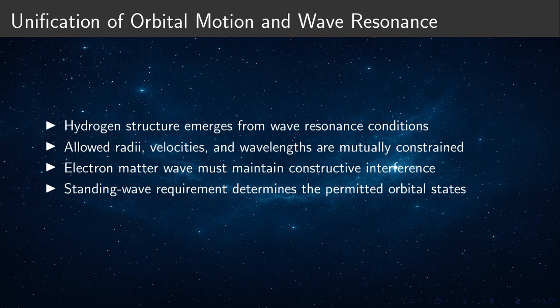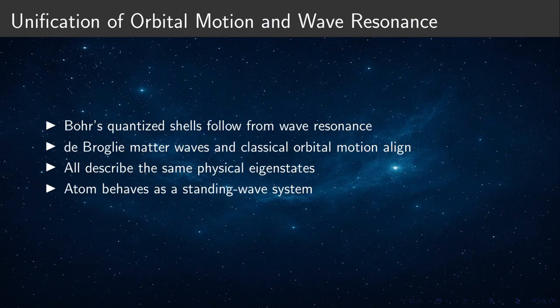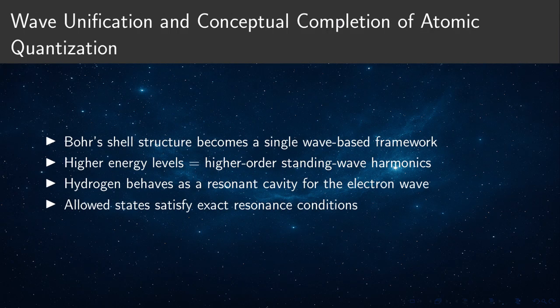The allowed radii, velocities, and wavelengths are mutually constrained by the requirement that the electron's matter wave maintain constructive interference around the orbit. In this formulation, Bohr's quantized shells, de Broglie's matter waves, and classical orbital motion converge into a single consistent description of atomic structure as a standing wave system.